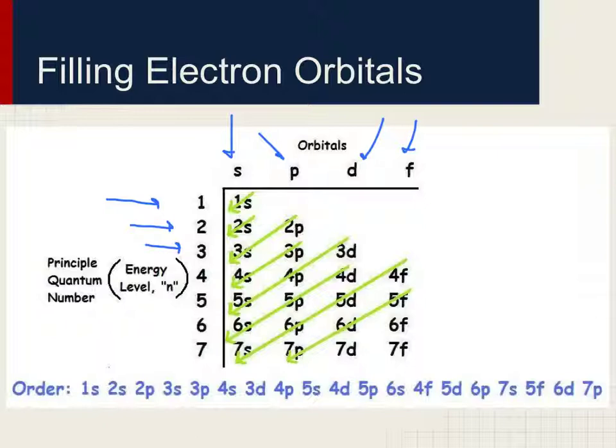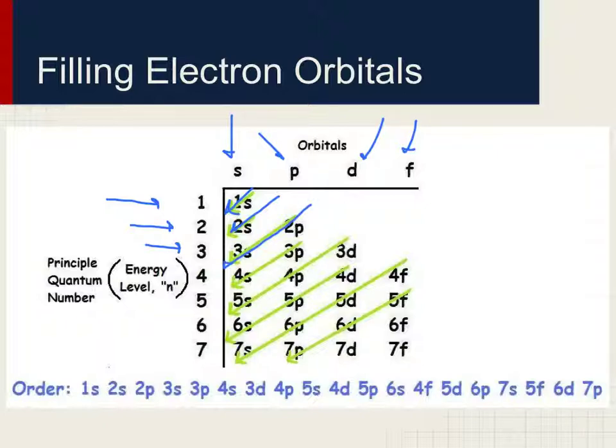This diagram gives you some arrows here, and these arrows indicate the order in which electrons fill the orbitals, which is to say, our arrow right here shows us that the first orbital to fill electrons is the 1s orbital. Our second arrow says that the 2s orbital is the next orbital to fill.